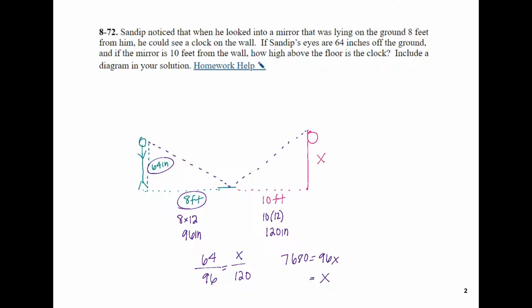So x is equal to 80 inches, which we then could convert back into feet by dividing it by 12. And 80 divided by 12 would be approximately 6.67 feet.